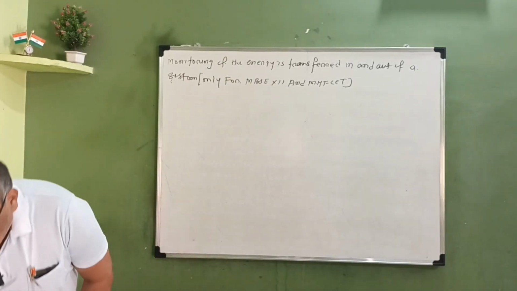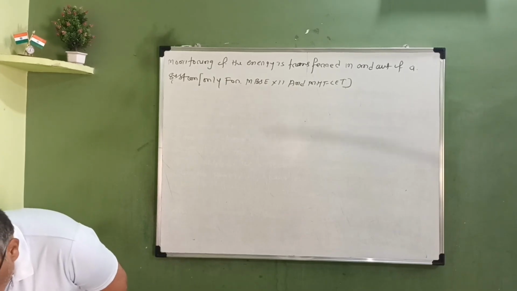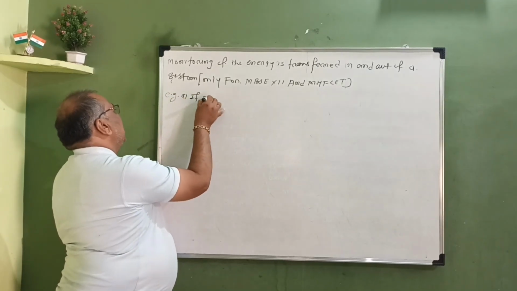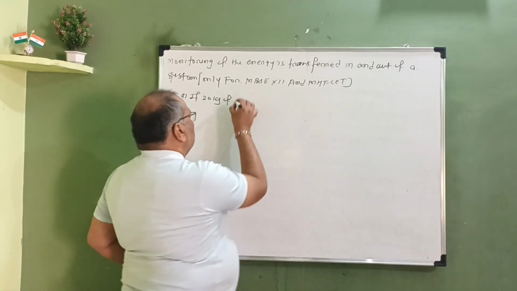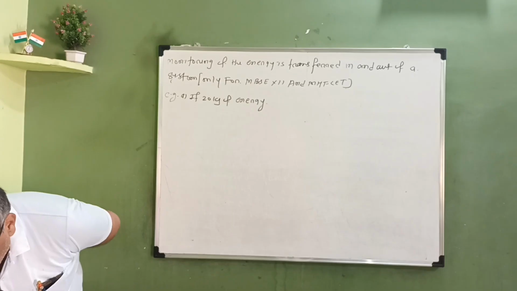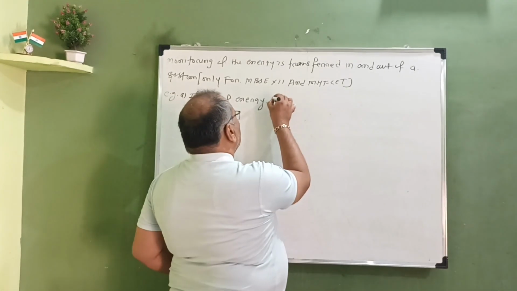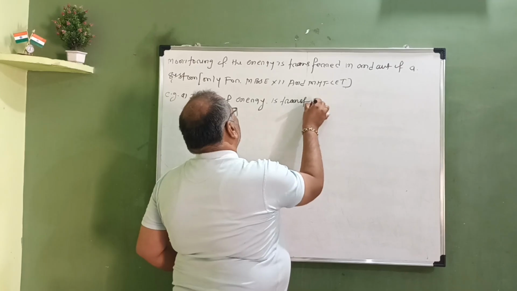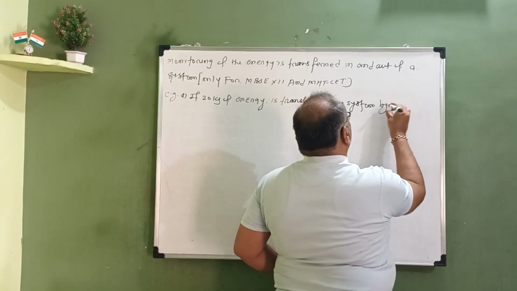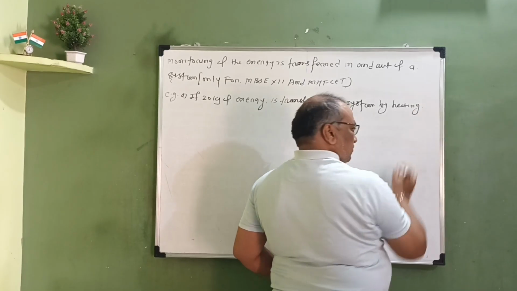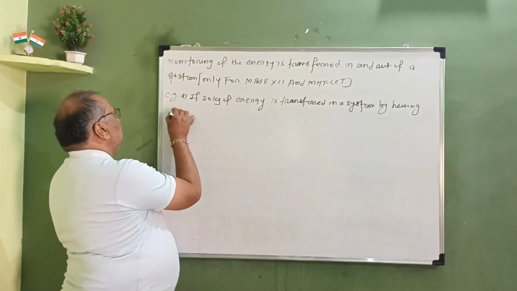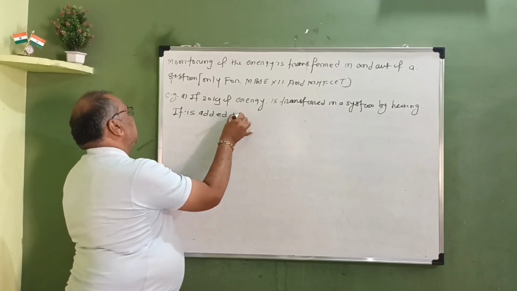Now here write down example A. If 20 kilojoule of energy is transferred in a system by heating, it is added to the system.